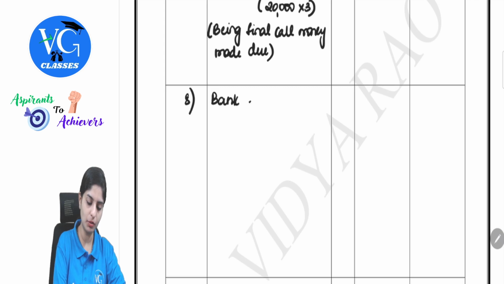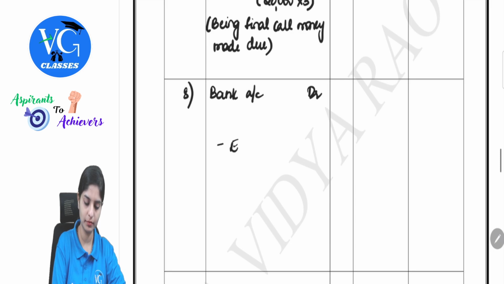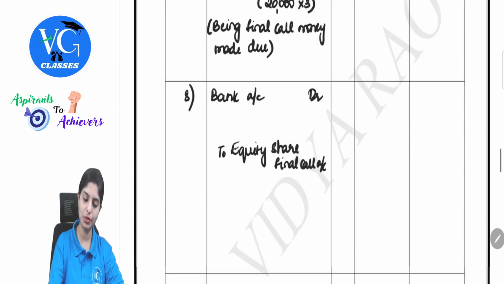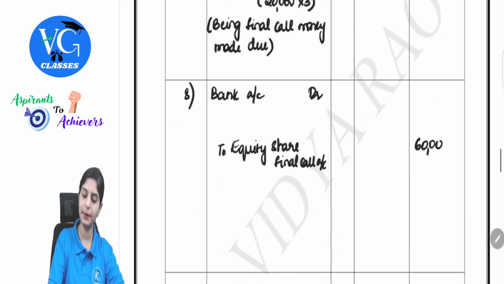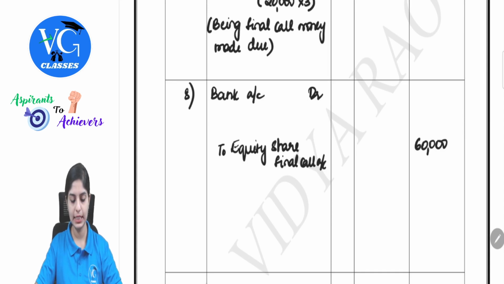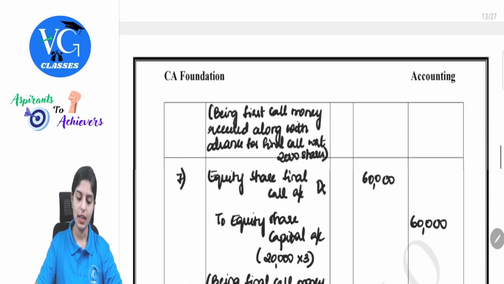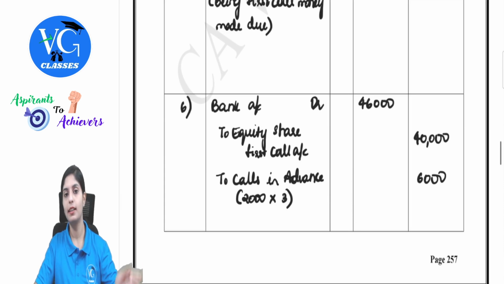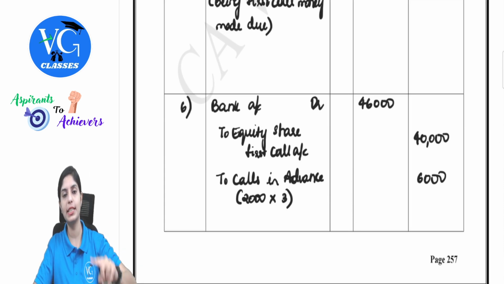Bank account debit to equity share final call. Now, why have I written this? Will explain. To equity share final call, how much I was supposed to receive? 60,000. Correct? Now, with respect to this, understand one thing. I had already received an excess amount of 6,000. Now was the actual time to receive the 6,000.